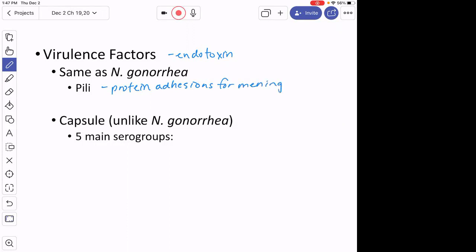And unlike Neisseria gonorrhoeae, it has a capsule. There are 5 main serogroups of the capsule: A, B, C, Y, and W135. They went a little bit rogue when they named that last one. 90% of meningococcal disease is caused by those serotypes of capsule.